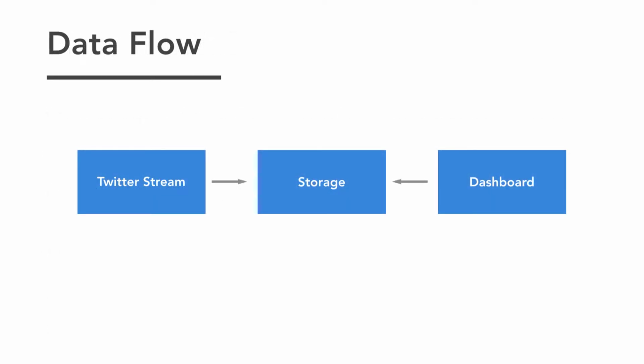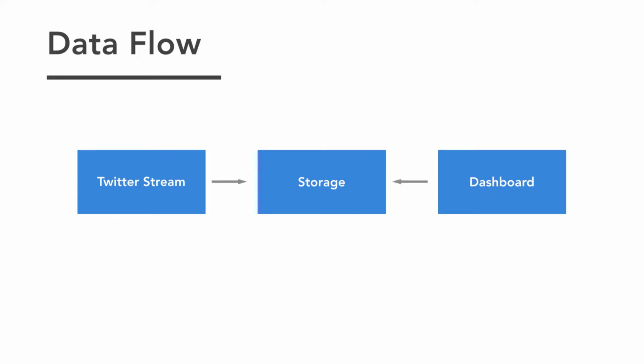In order to do this, we will need two separate services. On the left side, we will have our Twitter streaming service. This will be constantly running 24/7. It will be connected to the Twitter streaming API and push the tweets to our storage solution.